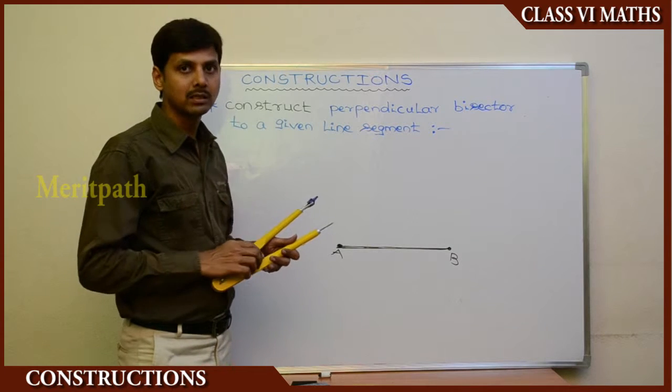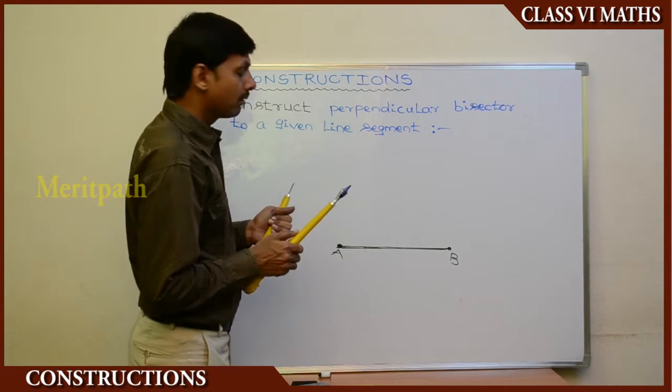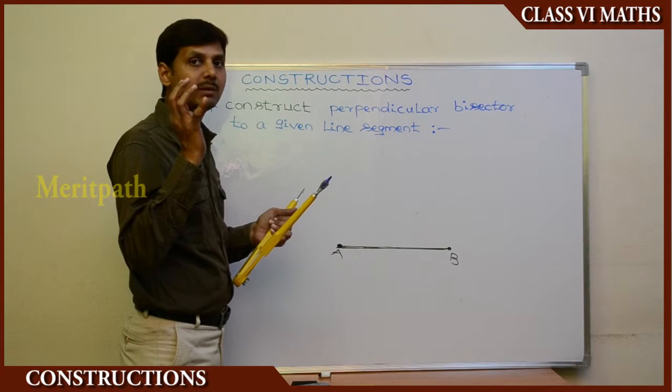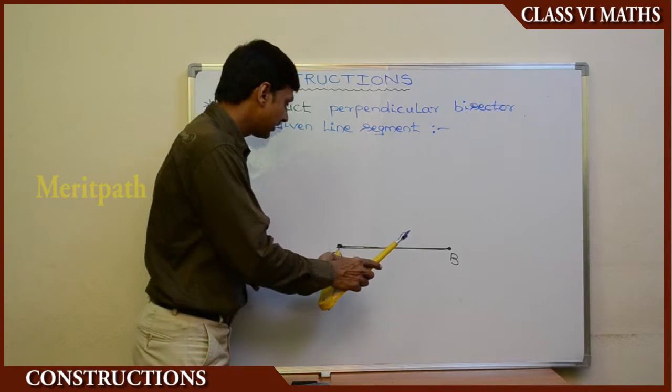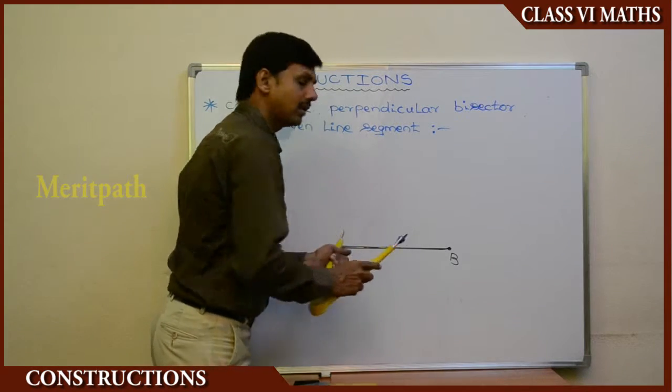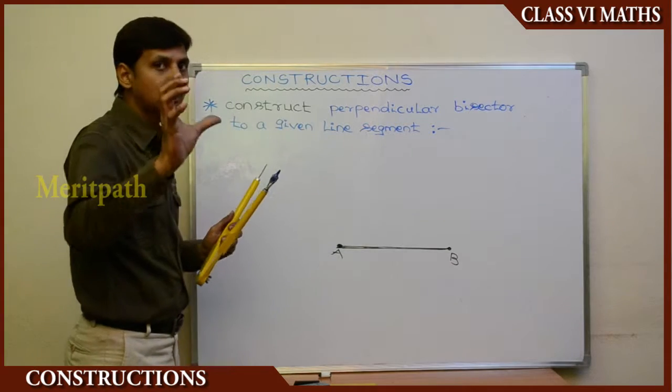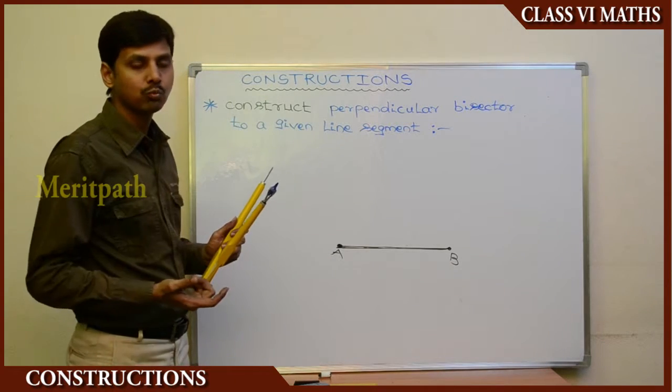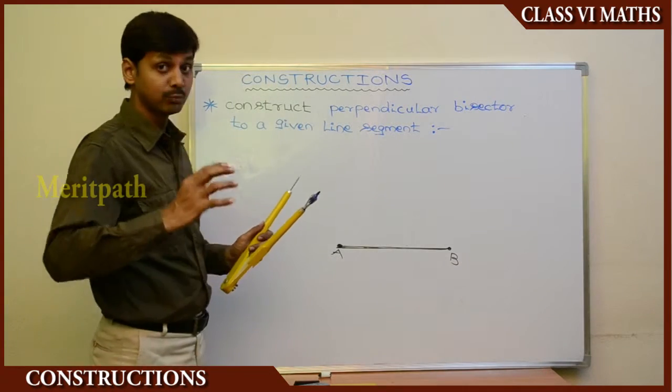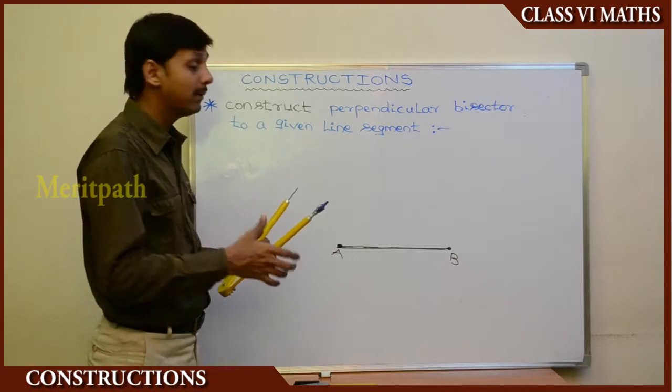To do that, we need to take more than half radius on the given line segment. It's not that a particular measurement we need to take. We can take any radius which is more than half of AB.